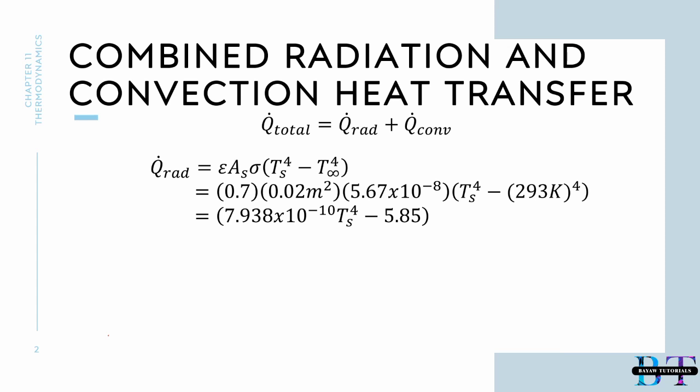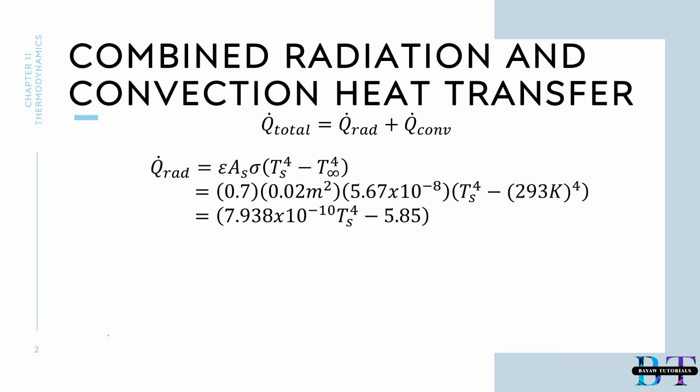So we'll have our 0.7, 0.02 meters squared, 5.67 times 10 raised to negative 8, and our missing value of T sub s raised to 4 minus 293 Kelvin, or 20 plus 273, raised to 4.